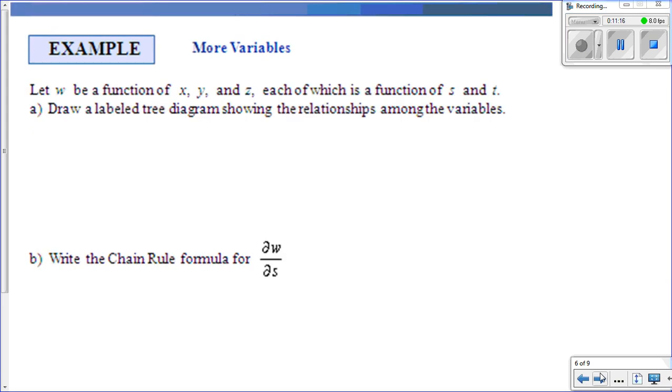Let w be a function of x, y, and z, each of which is a function of s and t. So w, you could write it as w is a function of x, y, and z, or just go to the tree diagram. Each is a function of s and t.